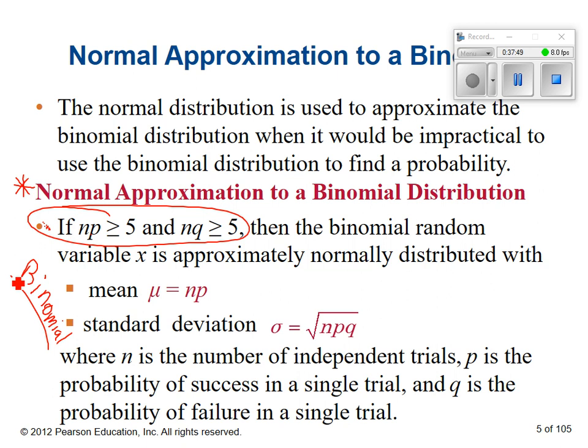So if we can use the binomial setup, then that's all we have to do. N, again, is the number of independent trials. P is the probability of a success on each trial. And q is the complement of that, or 1 minus that.